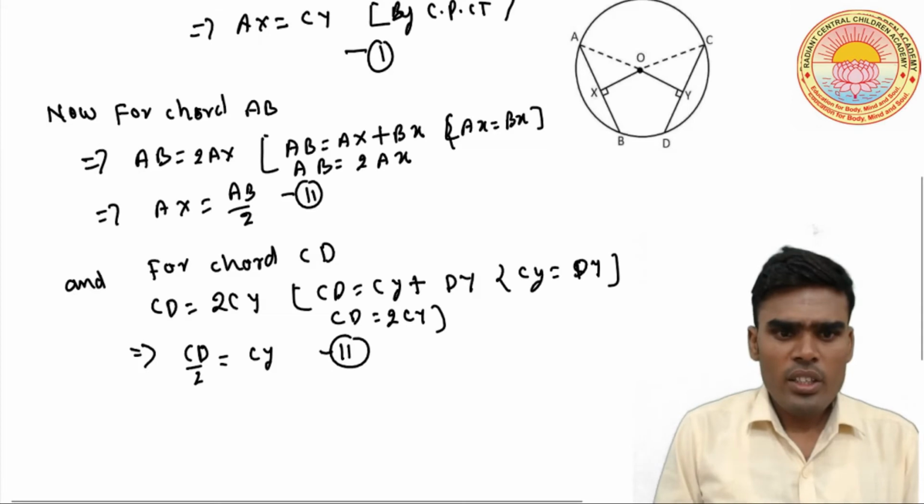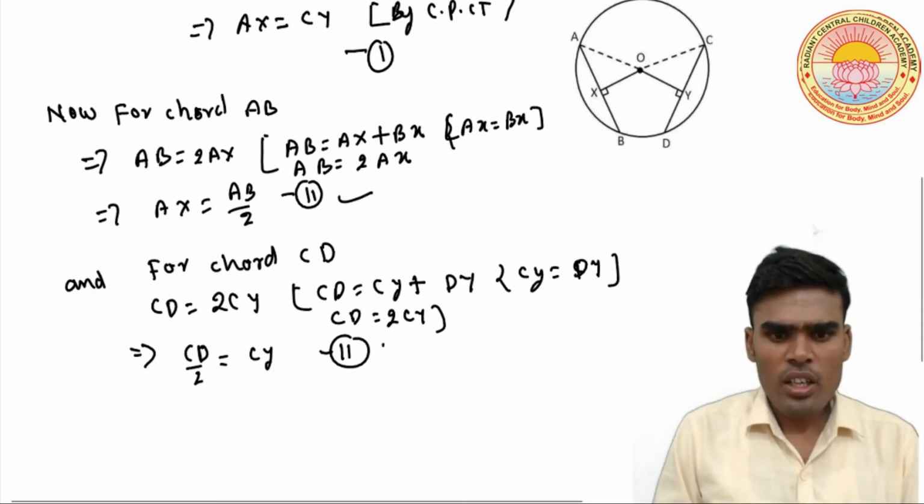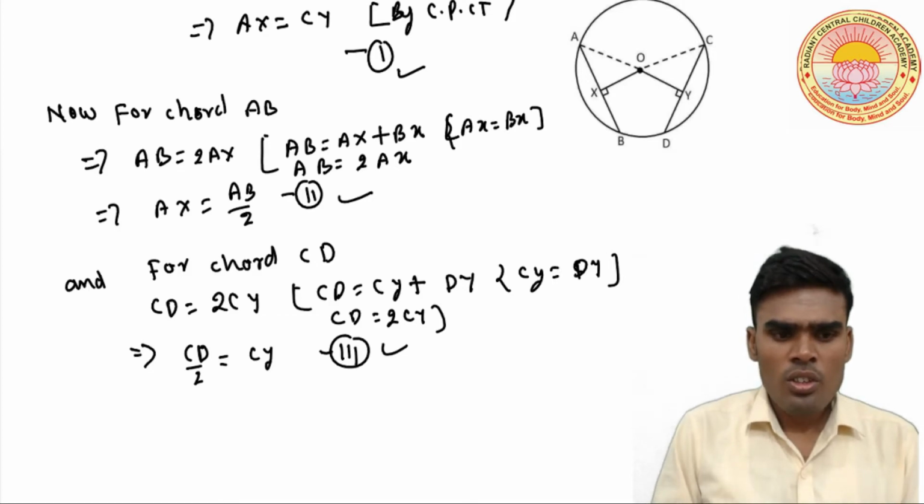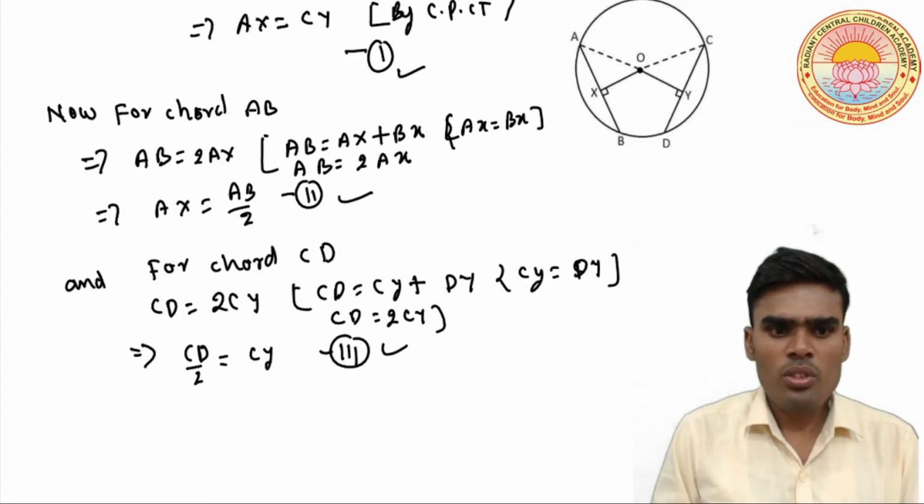If we apply equations second and third in first, we get AB upon 2 is equal to CD upon 2.